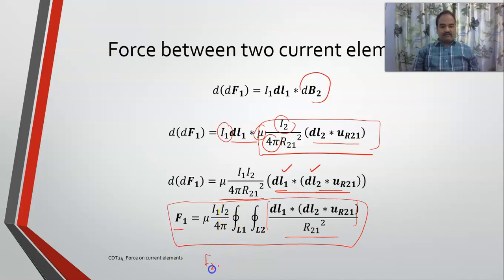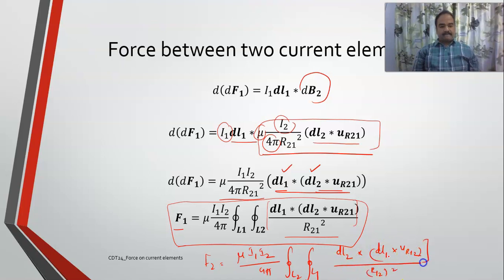If I want dF2, everything remains the same, except I'll get dL2 cross, dL1 cross. This is the force on current element 2.